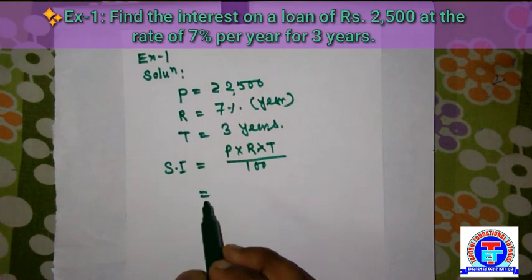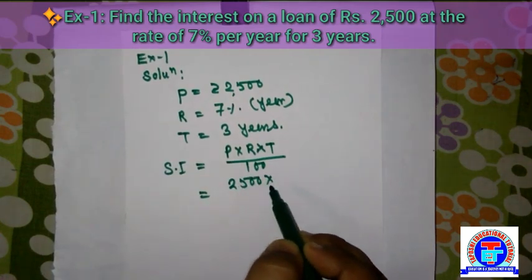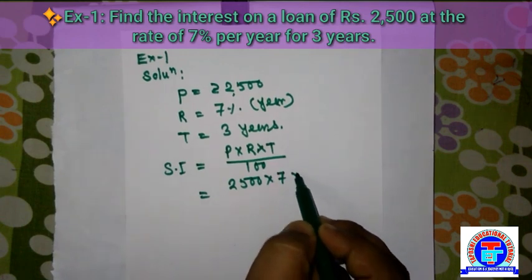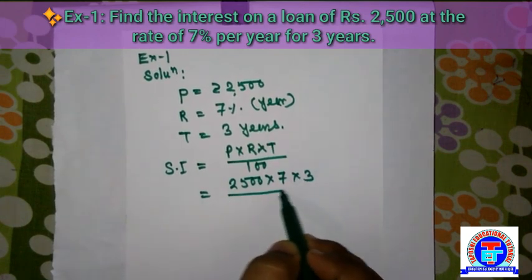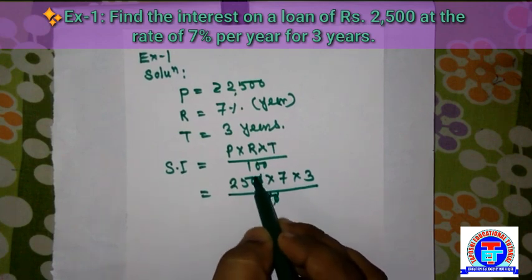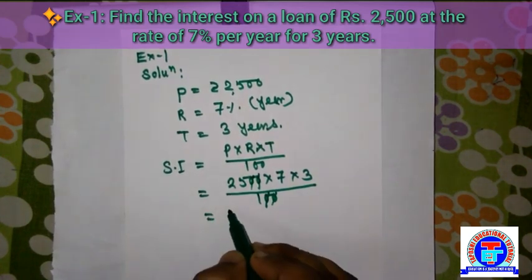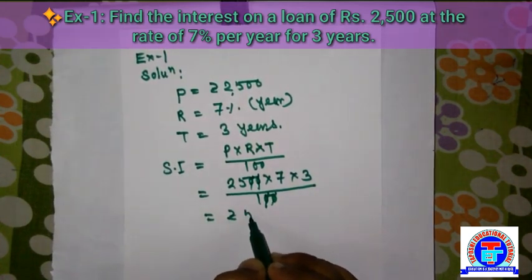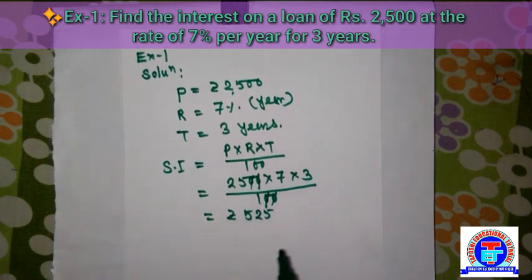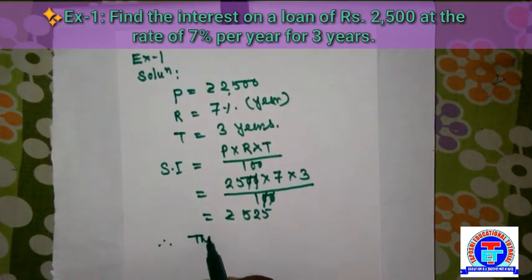So now put the values: 2,500 into R is equal to 7 and T is 3, divided by 100. Now the zeros cancel out. Right, this will come to rupees 525.